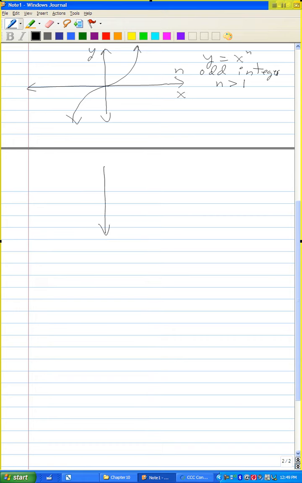To the graph of, again, y equaling x to the n. But in this case, let n equal 1. If you do that, then the sketch of the graph will just look like a straight line passing through the origin, having a 45-degree angle.